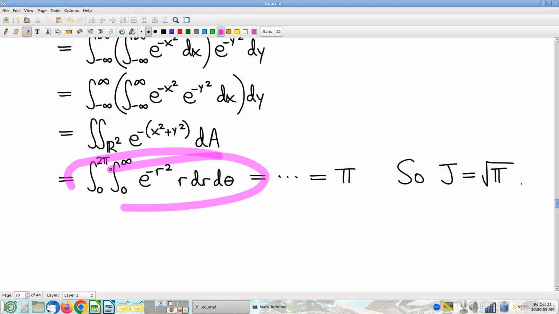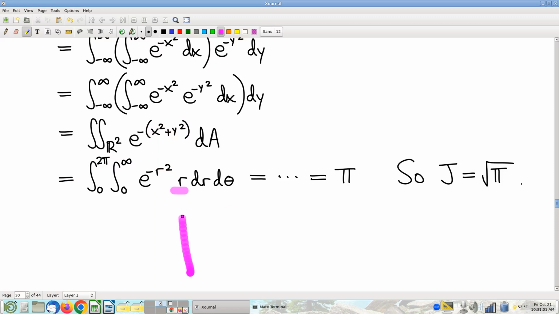And what you're going to notice about this, though, is that it's an easy integral. Right? Because of the r right there. The stretching factor that we stuck in there as we must because of change of variables, all of a sudden, there's an easy substitution. Just let u equals negative r squared. Right? There's the r that you're going to need to make the dr actually work, and it falls apart no problem.